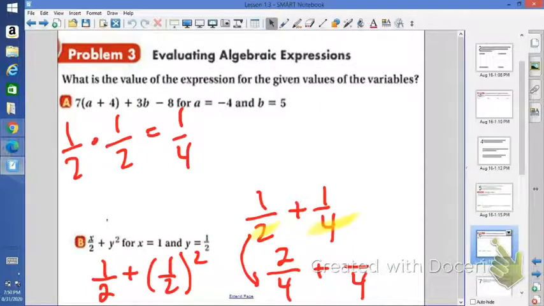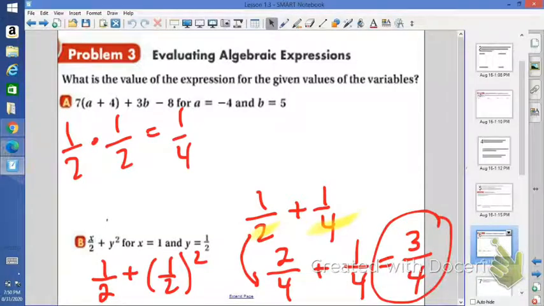So 1/2 and 2/4 are the same thing. 4 times what gives you 4? 1. So you multiply that number 1 by 1 and you get 1. So it stays the same. Now since we have a common denominator, we can add across. So 2 plus 1 is 3. And then keep the common denominator, which is 4. So 3/4 is your answer for part B.